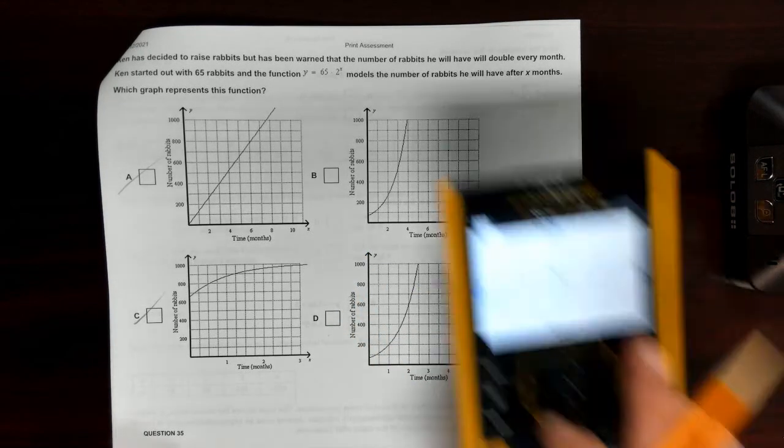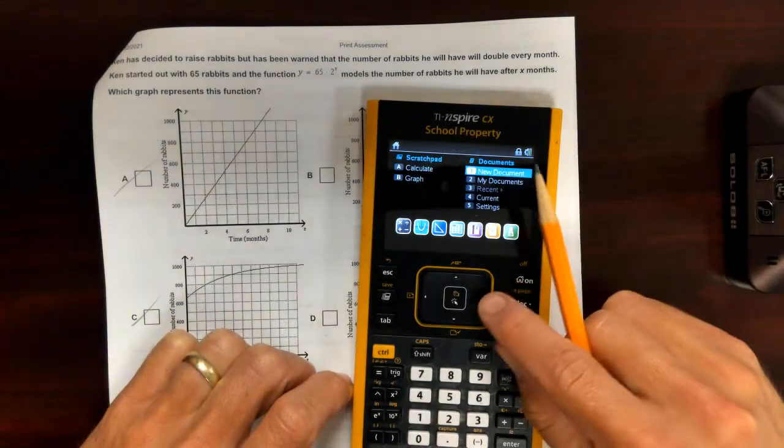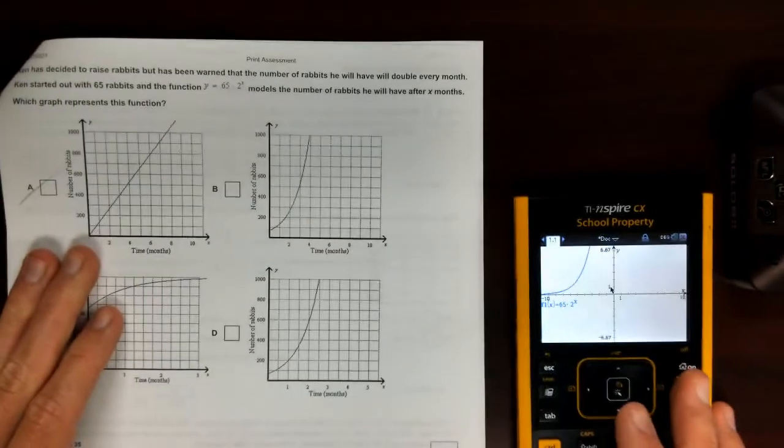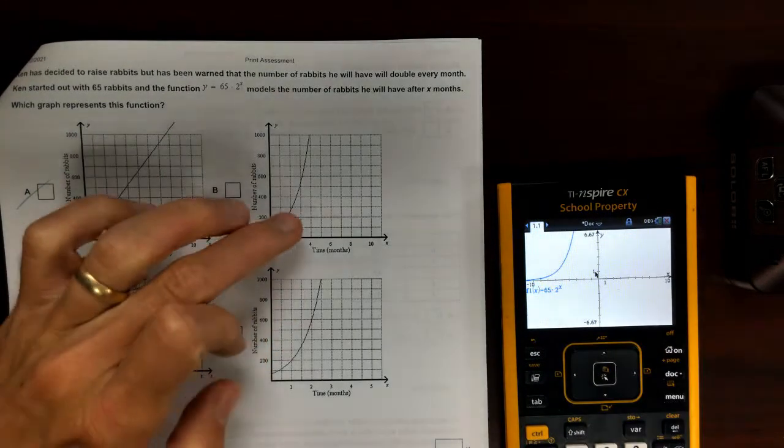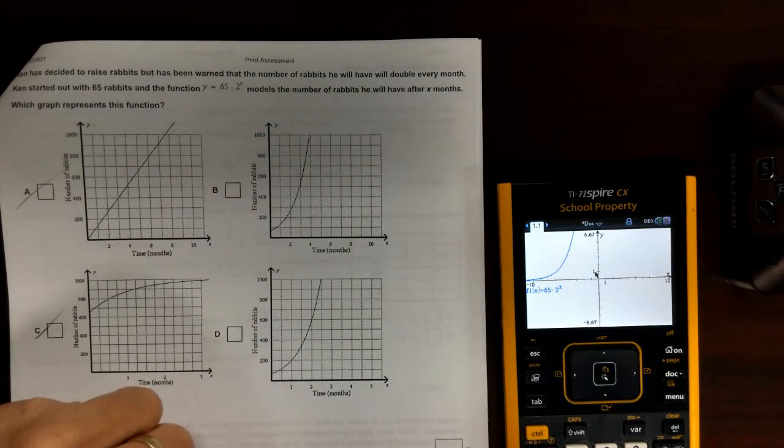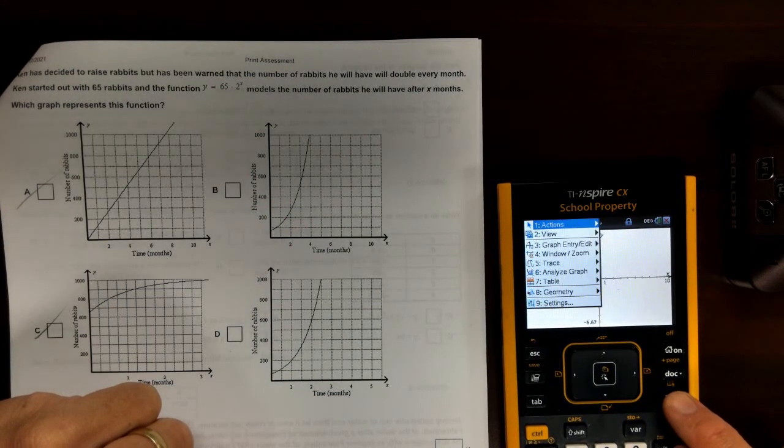So all you've got to do is plug this into your calculator. Let's open up a new document. We're going to type in 65 times 2 raised to the x. Enter. Now, if you were trying to see which of B and D is correct, all you need to do is go to the table.